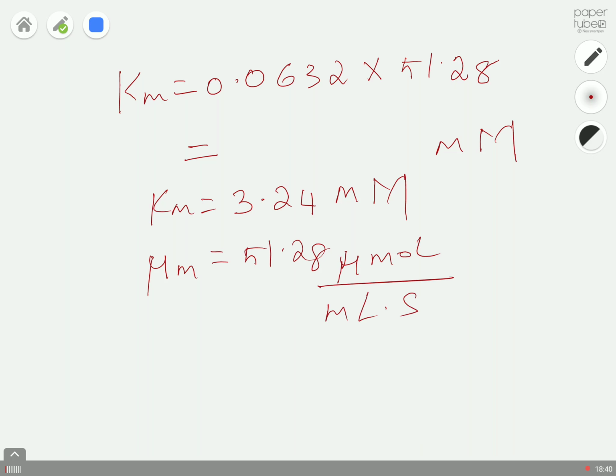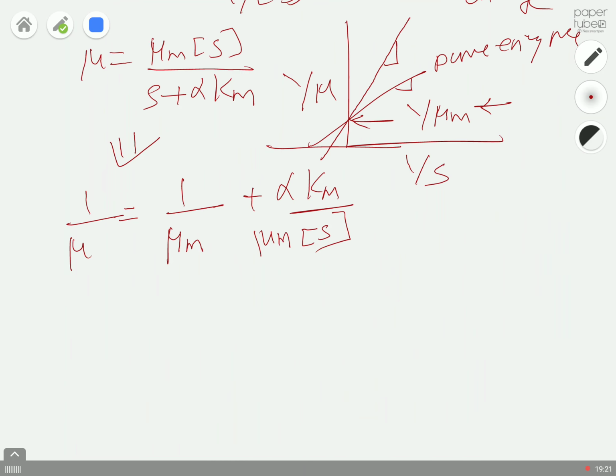For competitive inhibitor, you know your expression is given by, let me check one time. Km by... if you go back here, I think I made a mistake here.